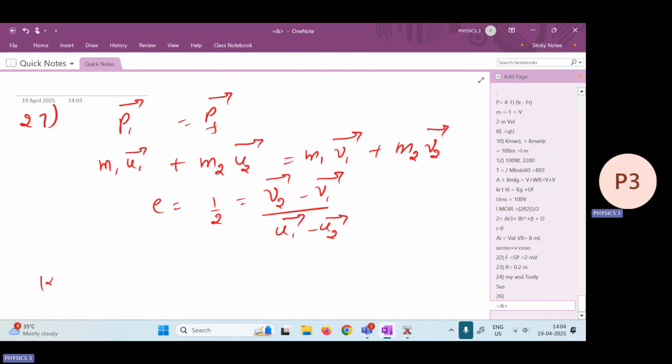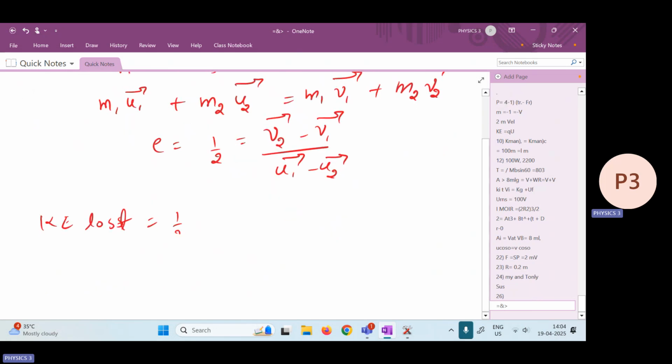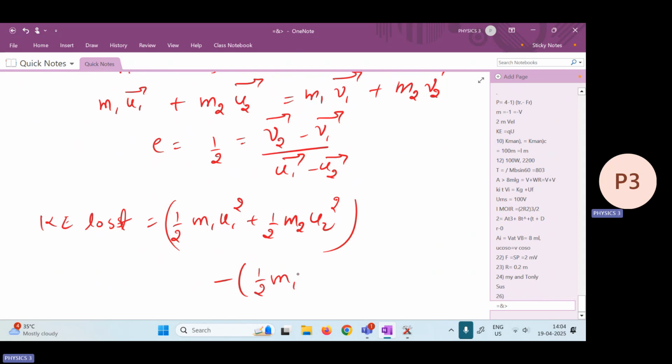So kinetic energy lost will be initial kinetic energy minus final kinetic energy. That will be half m1 u1 square plus half m2 u2 square, minus half m1 v1 square plus half m2 v2 square.